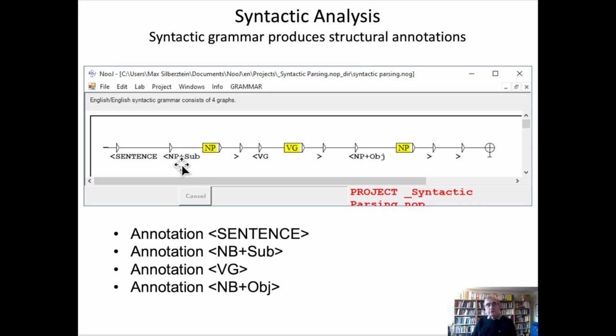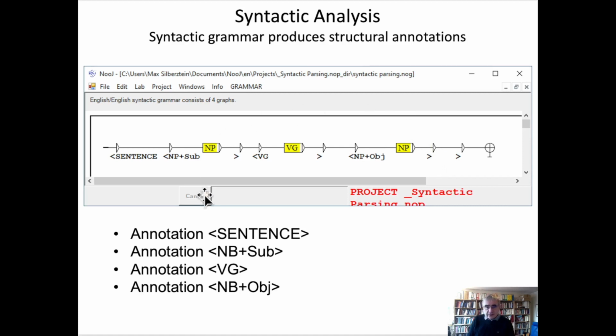NP subject will start before recognizing the subject and close after the subject. Same thing with the verb group, and same thing with the object noun phrase, the annotation will start before the beginning of the object and then close right after.